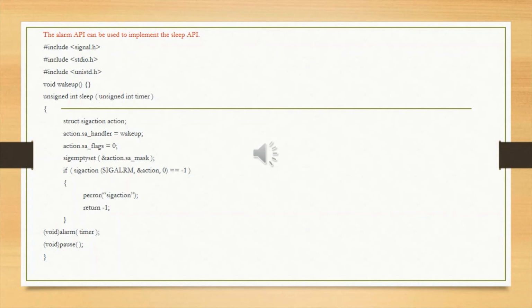Here, BSD Unix defines the ualarm function, which is the same as the alarm API, except that the argument and return value are in microseconds, nothing but fractions of seconds. The operation is performed after the corresponding microseconds have elapsed.